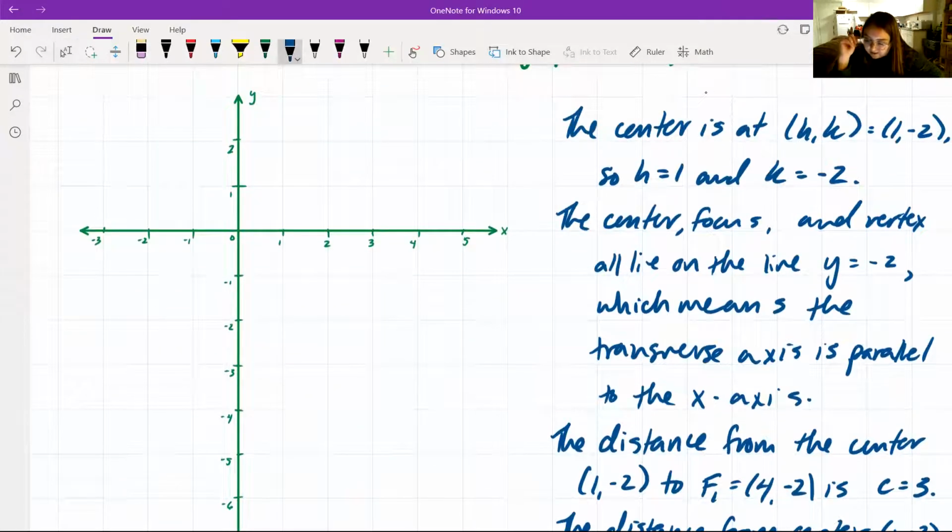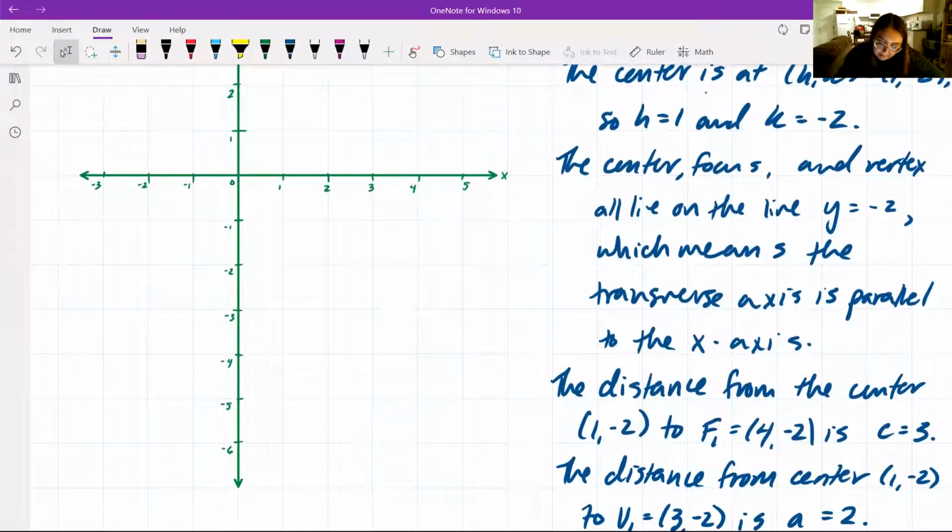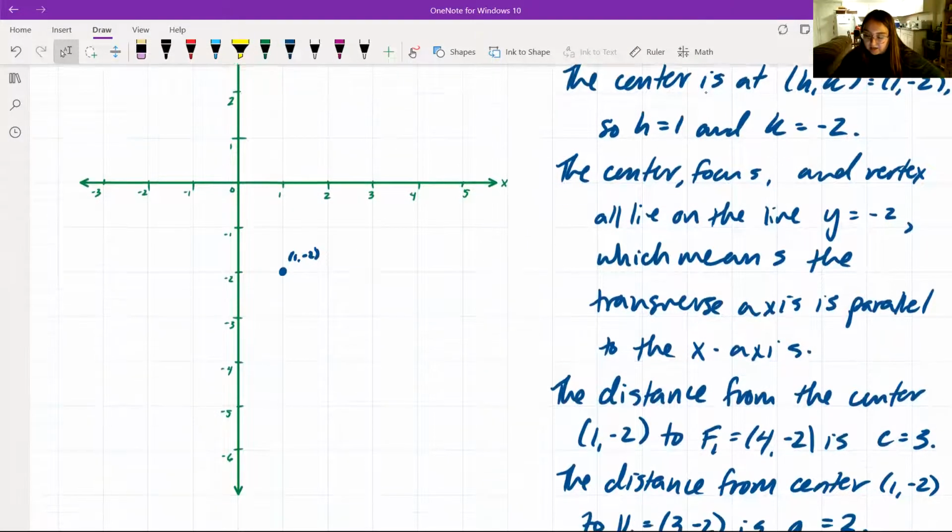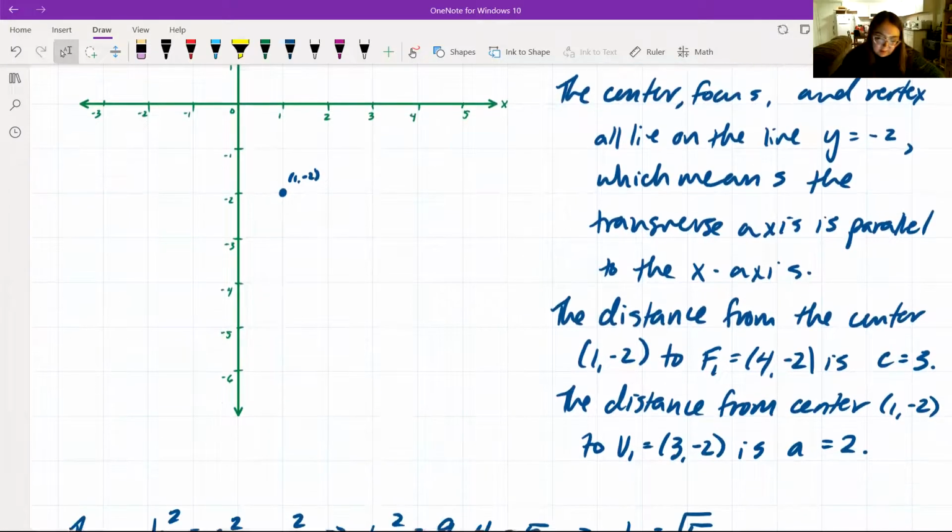So, all right, our center is going to be at 1, -2. So we have our center listed. We have our focus 1 at 4, -2. So this is F1. Our second focus is at -2, -2.